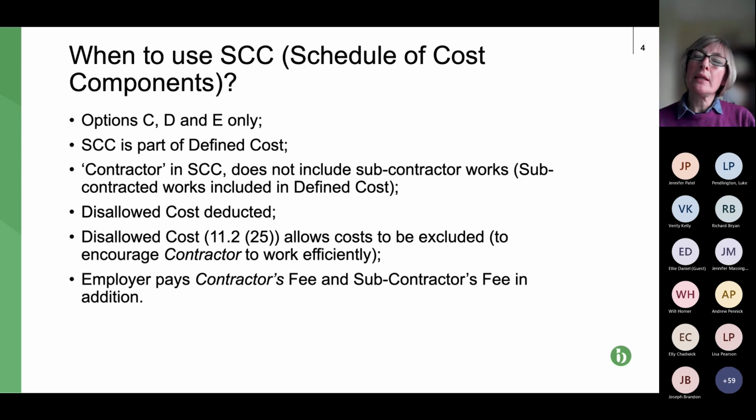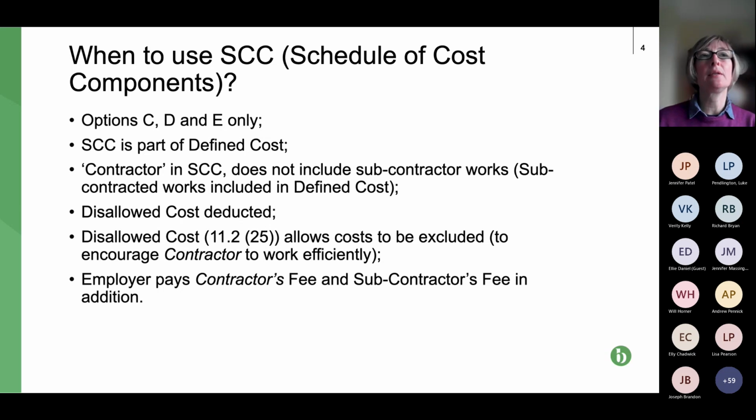Well, they're used in each of your interim payment applications as you go through the project. So typically that will be every 28 days or monthly. This is where the schedule of cost components comes in. So it's really, really relevant on options C, D and E.